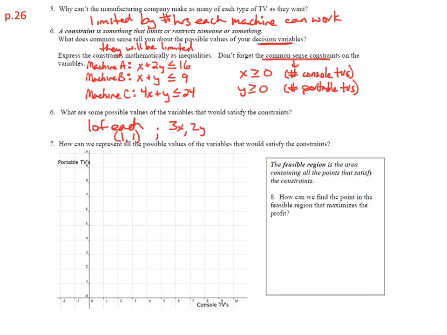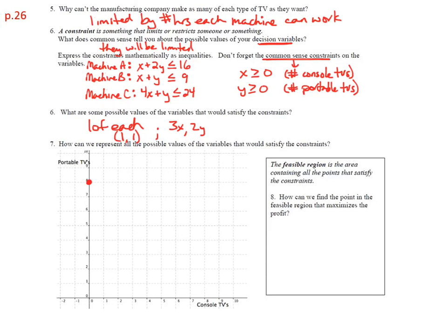Or we can represent all of those possible values and figure out visually much easier by simply graphing all of our constraints. So let's start with our first constraint, machine A, x plus 2y is less than or equal to 16. Now I'm in standard form here, so I can find my intercepts and say that my y-intercept for machine A will be at 8.